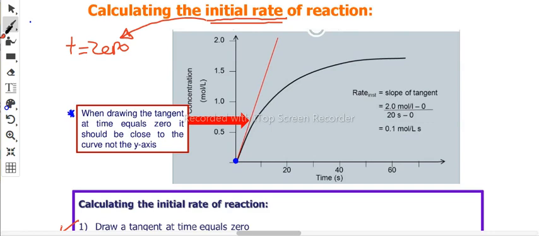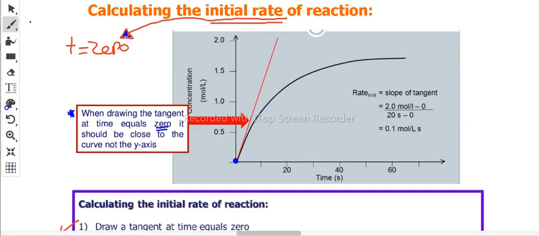When drawing the tangent at a time equals 0, it should be close to the curve, not the y-axis. So whenever you want to draw your tangent, make sure that your line is as close as possible to your curve in order to be within the accepted range when you want to calculate.